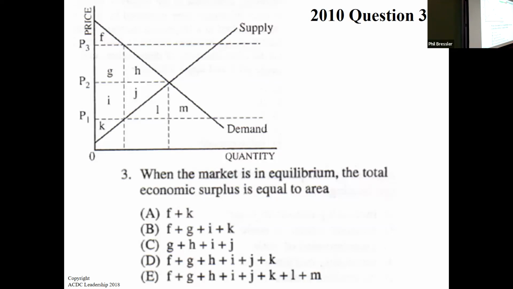It's a price ceiling. P3. All right. Put the consumer surplus on your board.